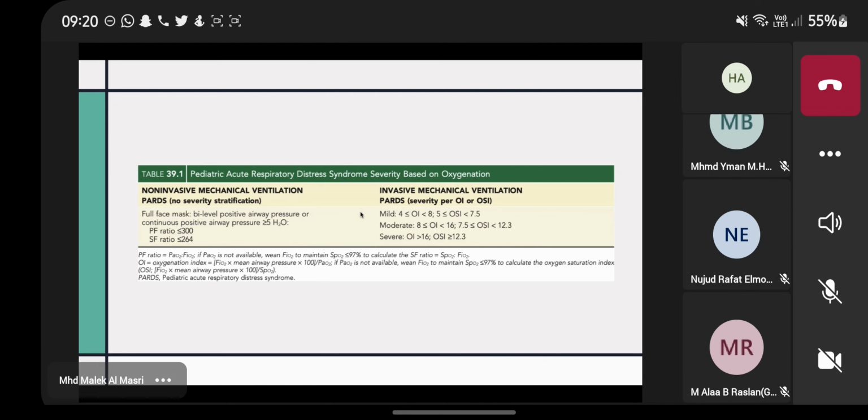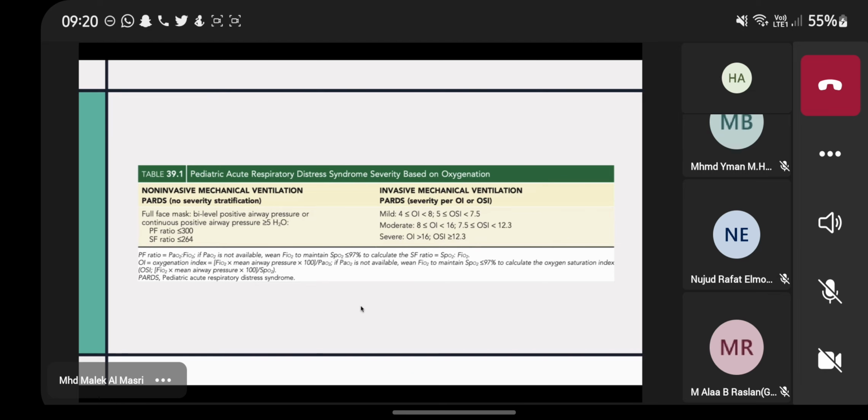And when you look at the ratios in general, regardless of whether you're measuring using the ABG or using the oxygen saturation through the probe, it's about how much oxygen you give and how much of that oxygen actually ends up in your blood. Because you divide these ratios in different ways, whether you took it from the blood gas or from the saturation.